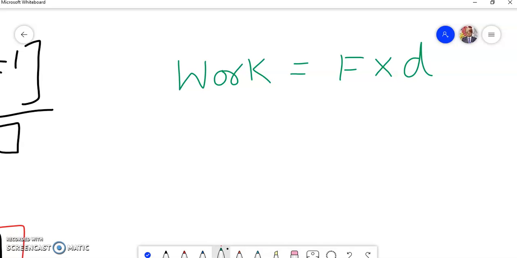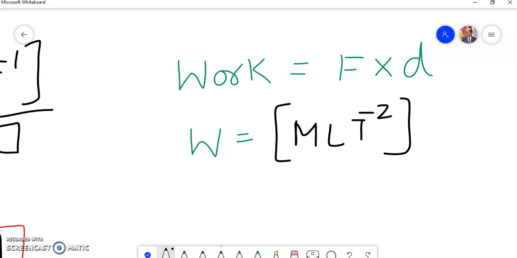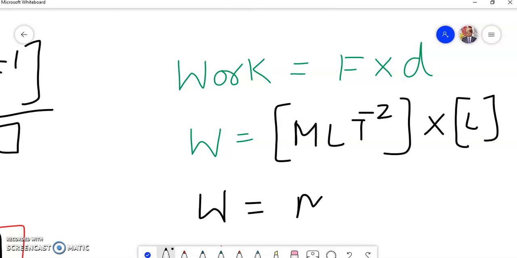So W is equal to force, which we just found out, M L t -2, and displacement is again a length, so it is L. So W will be nothing but M L2 t -2.